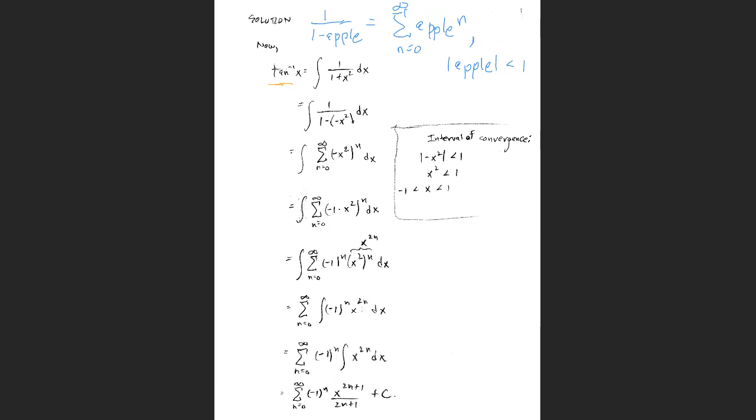So I'm going to write the 1 plus x squared as 1 minus negative x squared. And then I have the summation of negative x squared to the nth power after applying the apple formula above. And incidentally, my interval of convergence is going to be then, since the absolute value of negative x squared is less than 1, that means x is between negative 1 and 1.